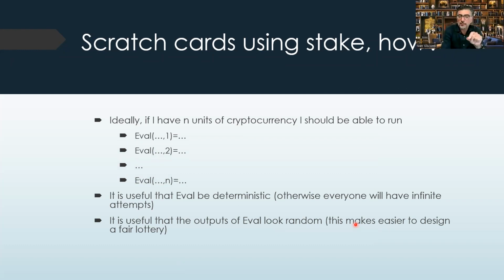So even if Eval has an output that looks random, you can apply the same idea. You can say, okay, you have scratched your card and you won the lottery if the output of Eval has the first 70 bits equal to 0, or 30 or 50. These are parameters, but that's the idea why it is useful if the output of Eval essentially looks random.